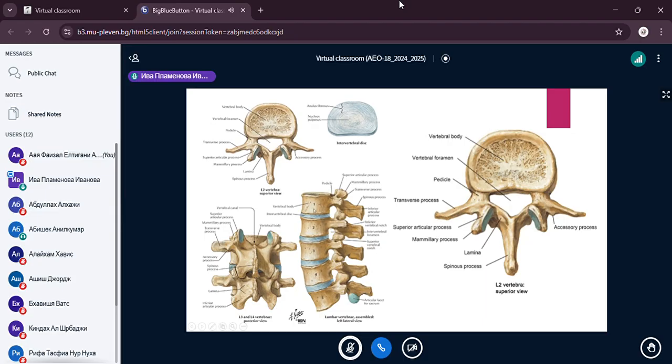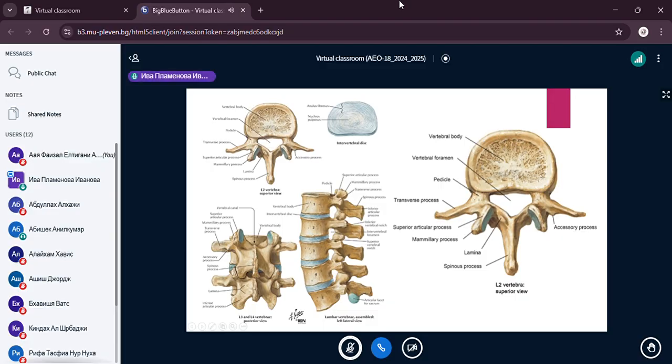The discs are located between the bodies of the vertebrae. It's not for this semester, but you can see we have two parts. One nucleus pulposus in the center, and around it we have the annulus fibrosus. That's maybe for the last few lessons of this semester.